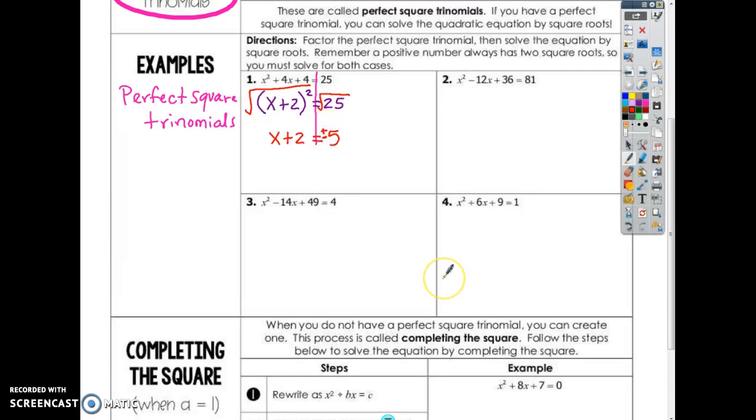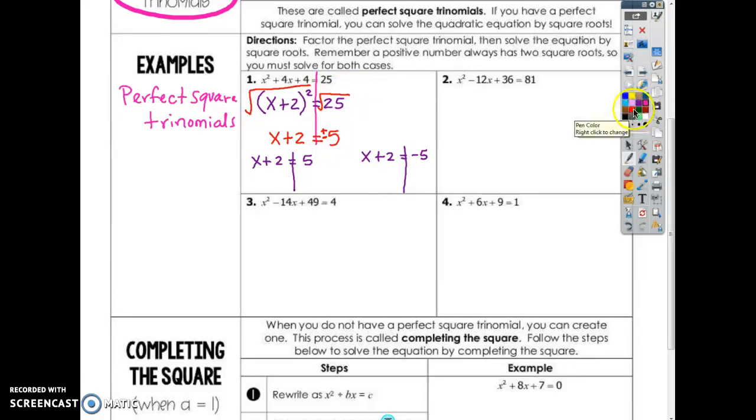If you remember, when we take square roots, it gives you a positive or a negative 5. So one of them is going to be positive, one's going to be negative. So x plus 2 equals 5, and x plus 2 equals a negative 5. Uno es positivo, uno es negativo, because we took the square root.